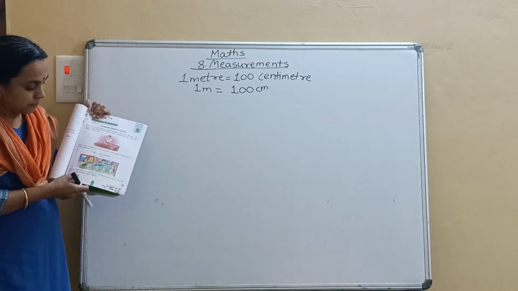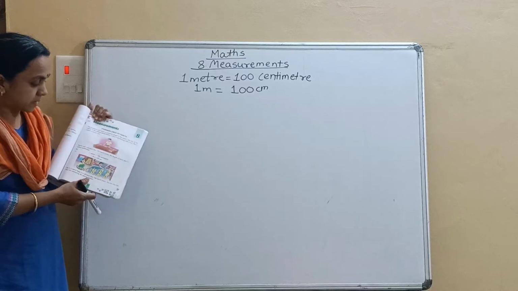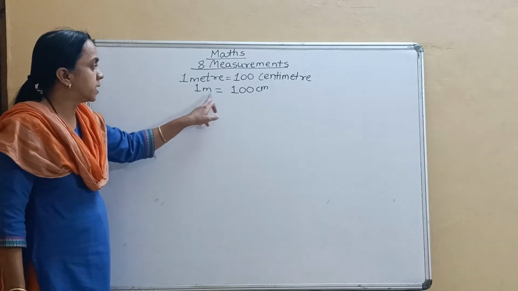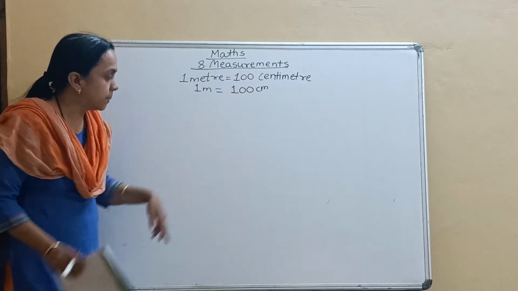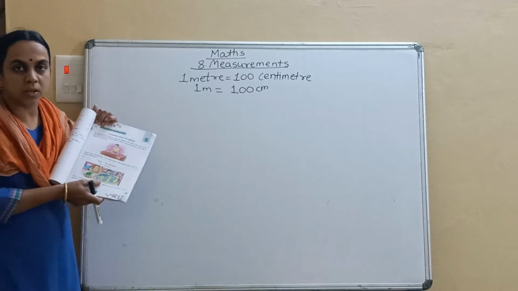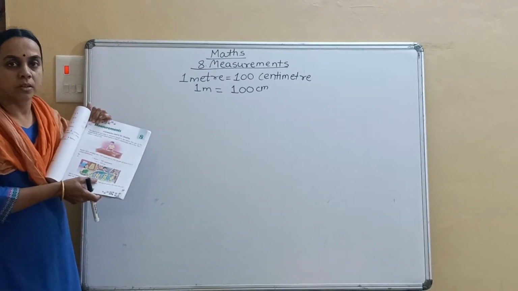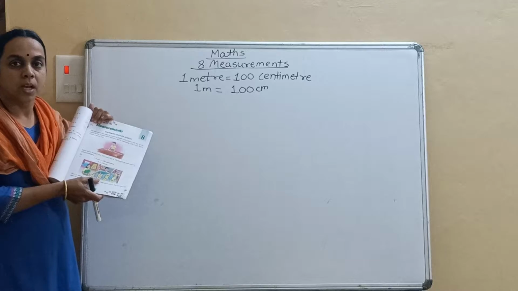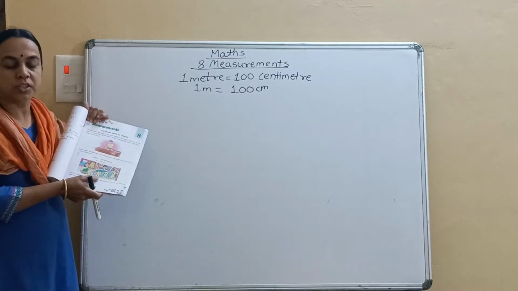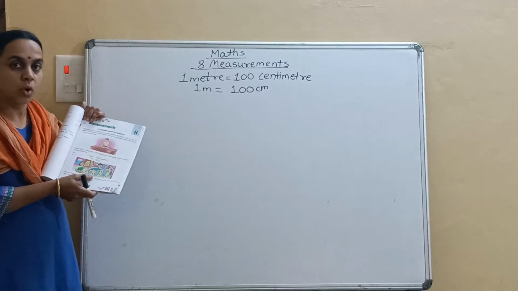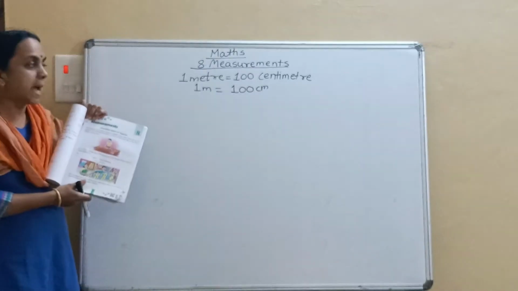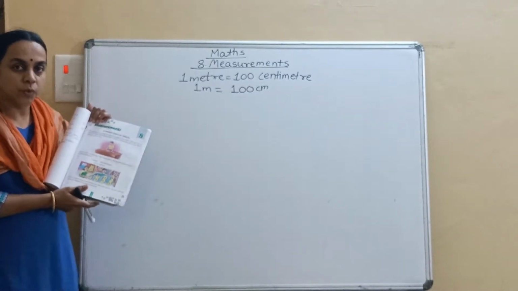So what we can see here, 1 meter equal to 100 centimeter. Also, if we require 2.5 meter cloth for stitching a frock for a small girl, they will measure with this measuring tape and they stitch the cloth.